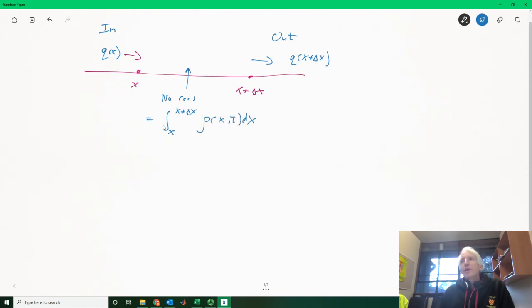That's the total number of cars in the interval: you integrate the density and you get the number of cars. So the conservation law says that the rate of change, d by dt, of the number of cars in this interval equals the flow in minus the flow out.